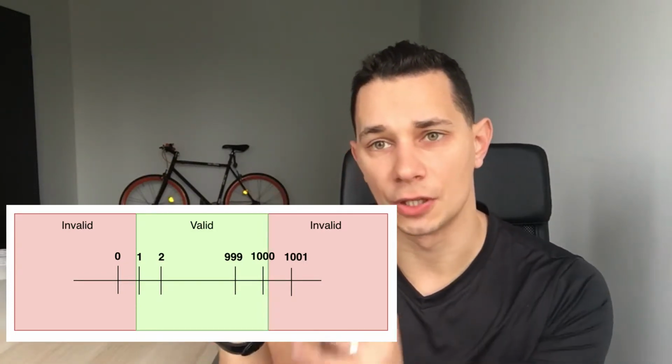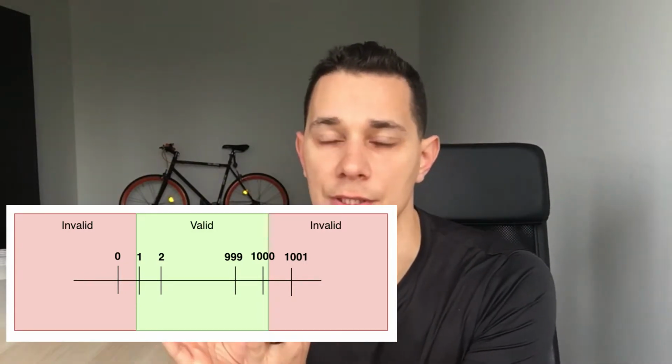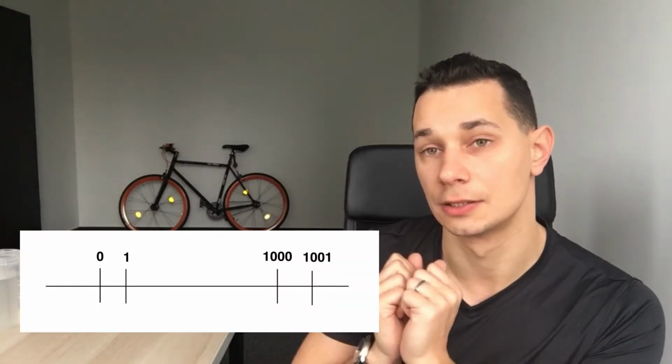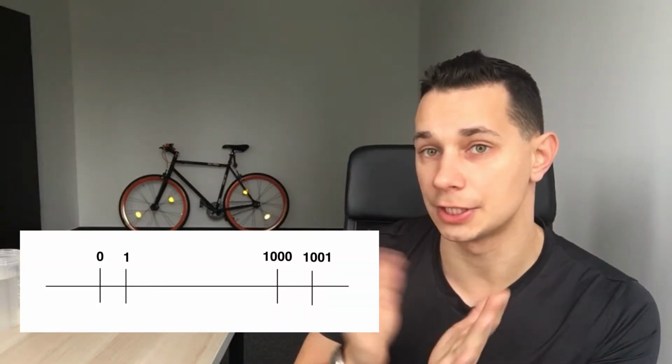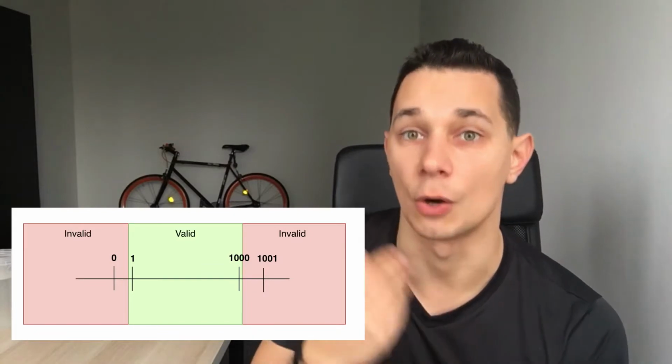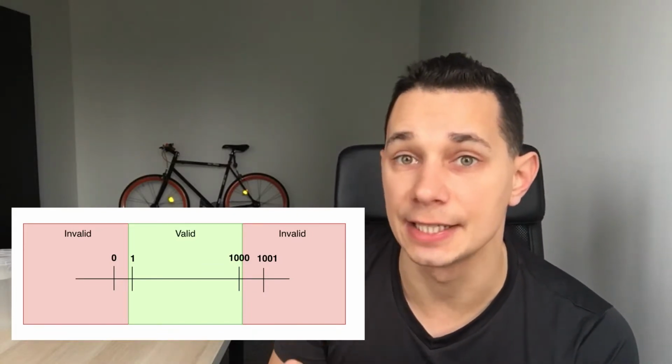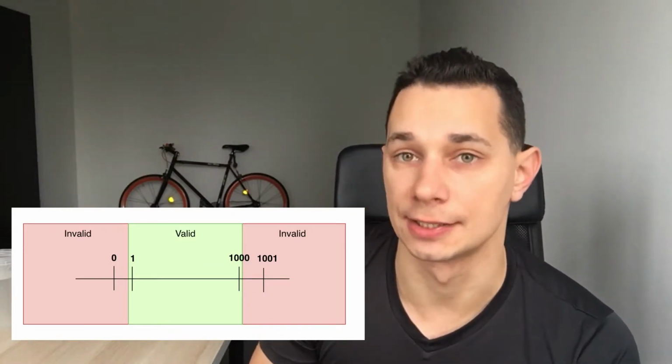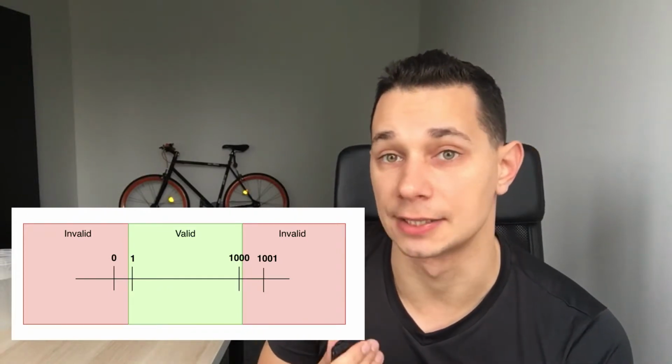Because these 4 values do the same, we could probably optimize it. What happens if we test with only 0, 1, 1000 and 1001? In this case, we cover all partitions, and also if there is any mistake, we have a chance to notice any bugs in the boundary handling.